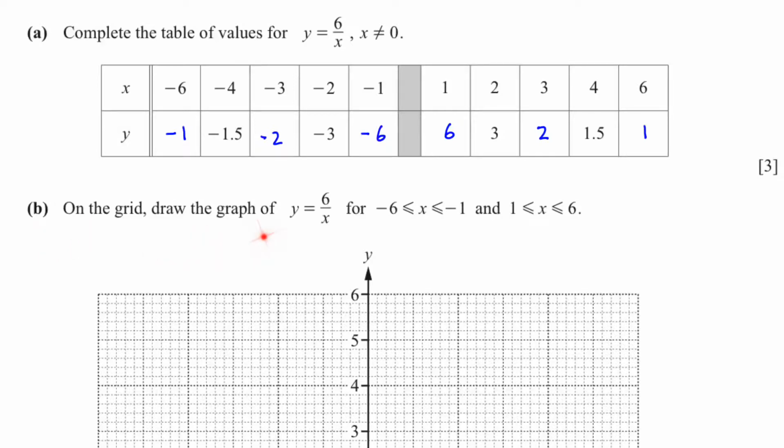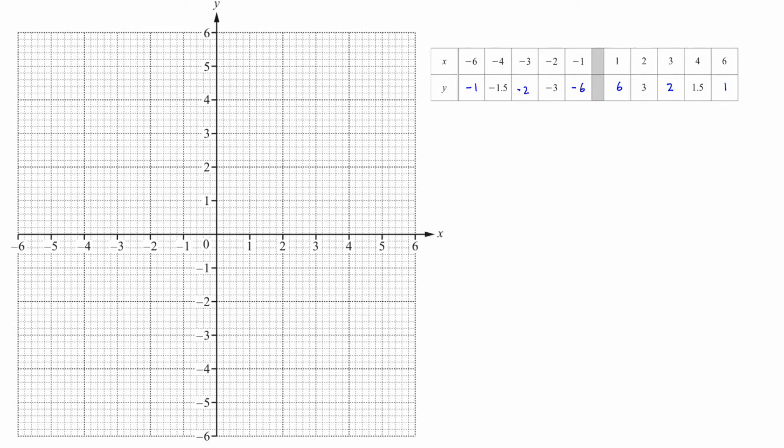In B, draw the graph of y is equal to 6 over x. We have to draw this graph now. So we'll plot the points now. When x is -6, this is your x-axis and this is your y-axis. When x is -6, y is -1. When x is -4, y is -1.5.